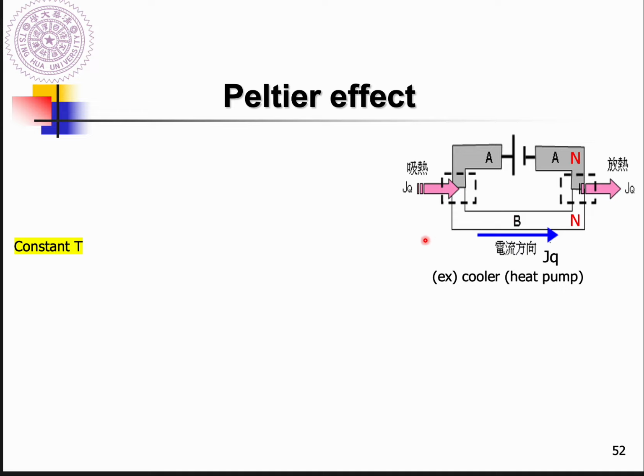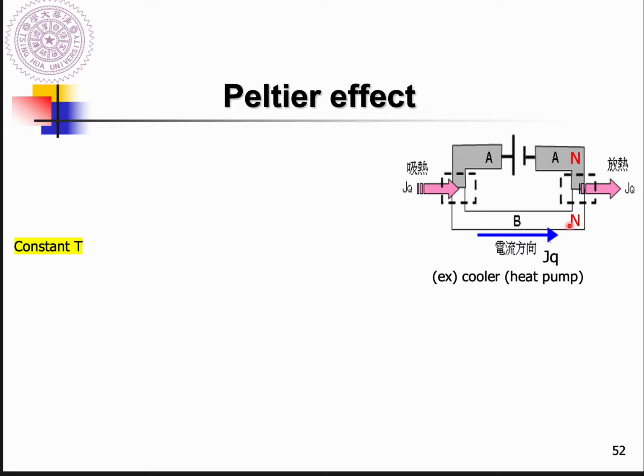So you can cool your materials or your environment down at this side, and you deliver the J_Q to the other side or the other environment. And I hope you can write down the N-type materials and label them here.